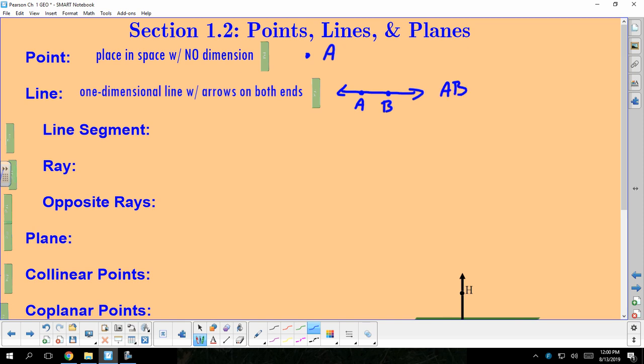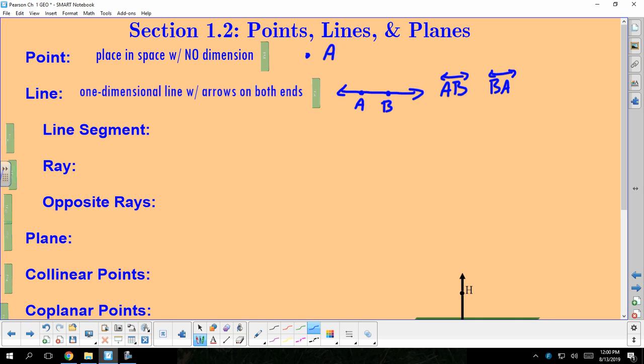And how we're going to name it to show that it's a line is put a little hat on it with a line. Okay? So that's how we know we're discussing a line. And it's okay to name it going the opposite direction too. Line BA. That we're referring to the same line, so we know what we're talking about.